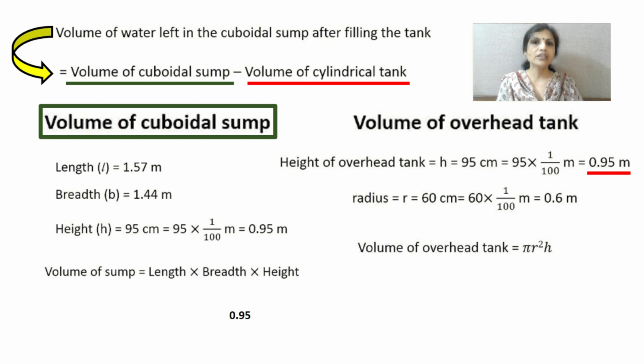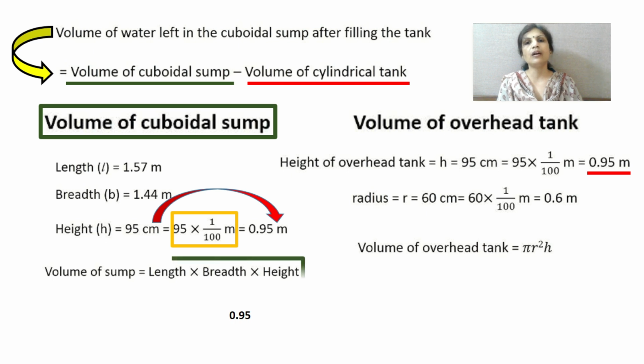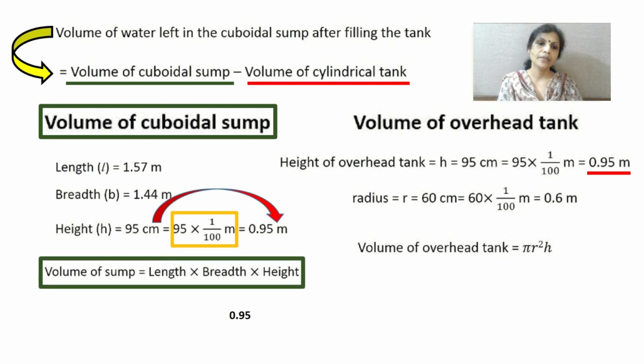But we have to convert this into meter. So 95 into 1 upon 100 meter and we get the answer as 0.95 meter. Volume of the sump which is cuboidal in shape is given by the formula length into breadth into height. Let's substitute the values. So 1.57 into 1.44 into 0.95 and we get the answer as 2.147 meter cube.